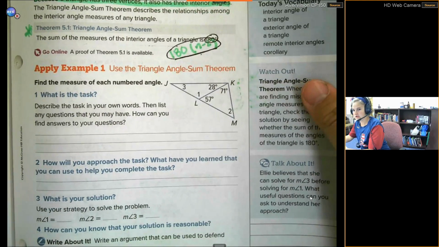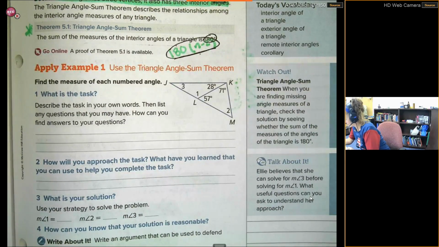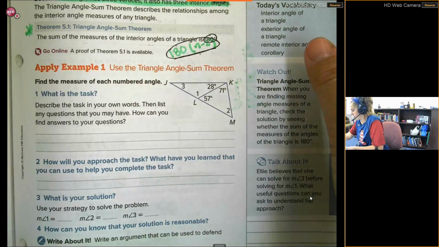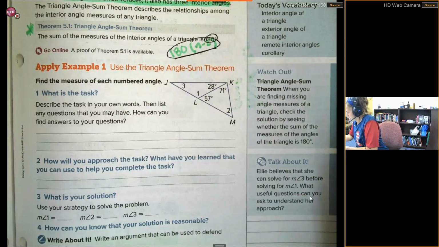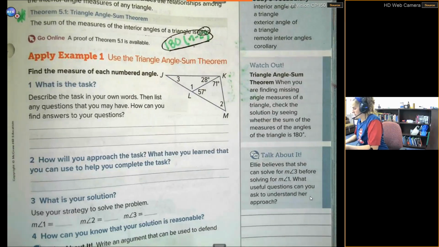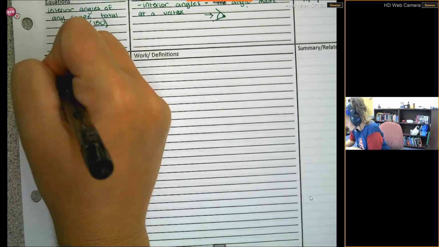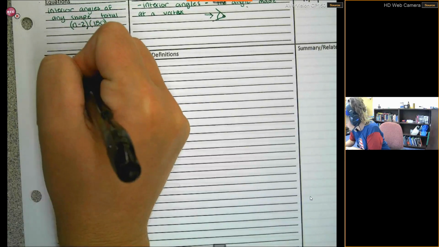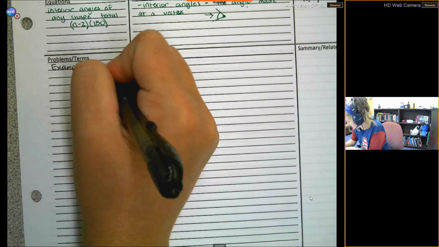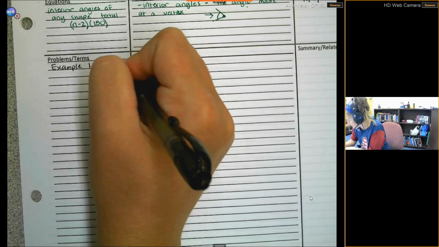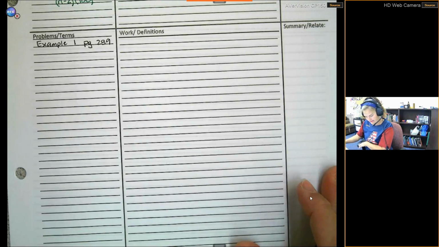Okay, we're going to look at example 1. It says, use the triangle angle sum theorem. And it says, find the measure of each numbered angle. So I'm going to draw a picture of this in my notes right there. So I'm going to be drawing it in black. So example 1. And it is page 289. And it says, find the measure of each numbered angle.